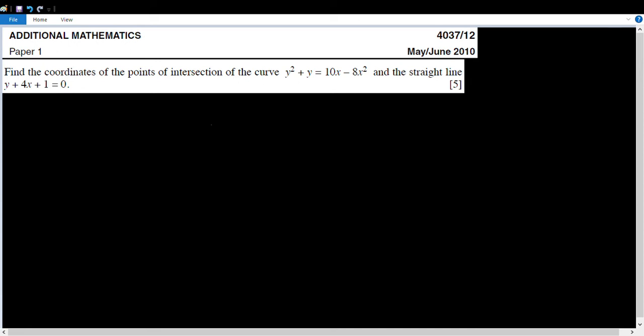So students, this question came in paper 1 in May-June 2010, and this is a question of simultaneous nonlinear equations.